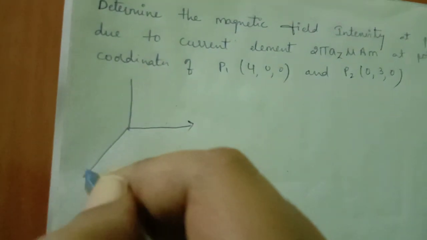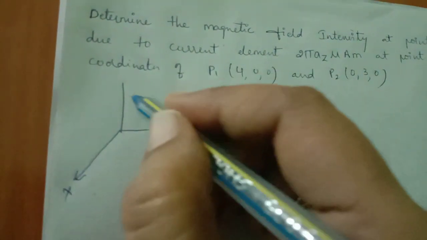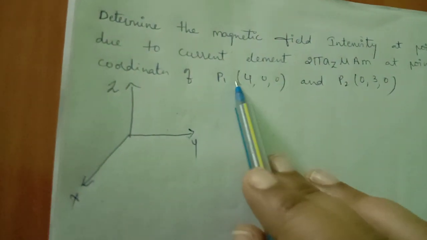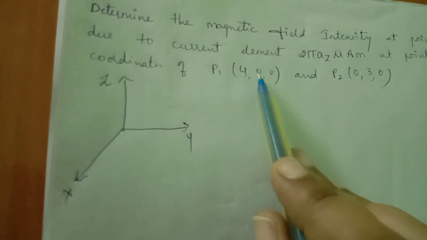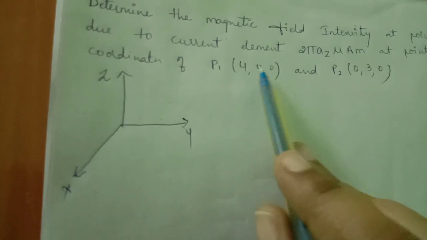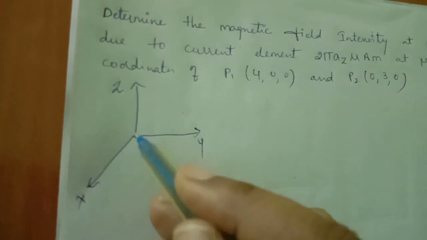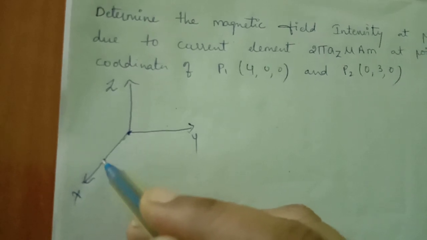So we have understood that the given system is a Cartesian coordinate system, x, y and z. The point P1 is (4, 0, 0), that is y and z are 0, so the point is not lying on the y-axis and z-axis, it is only lying on the x-axis at a point of 4. Let's suppose this is 0, 1, 2, 3, 4, the point is lying here.